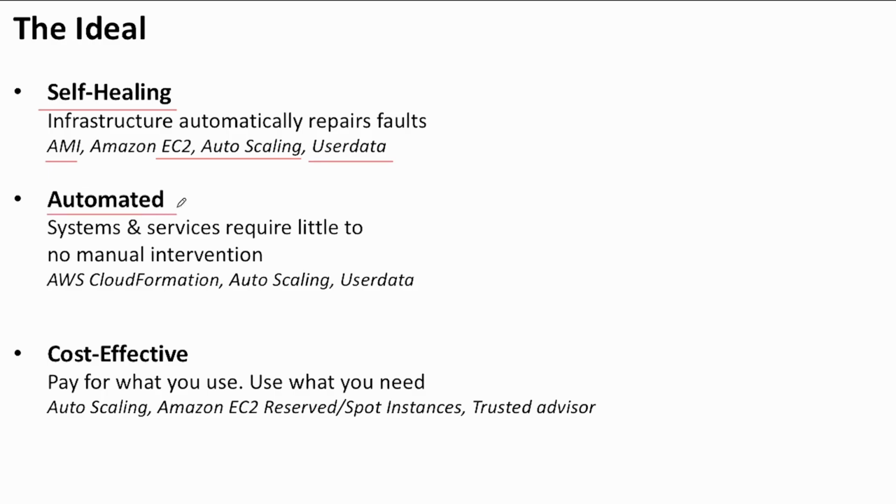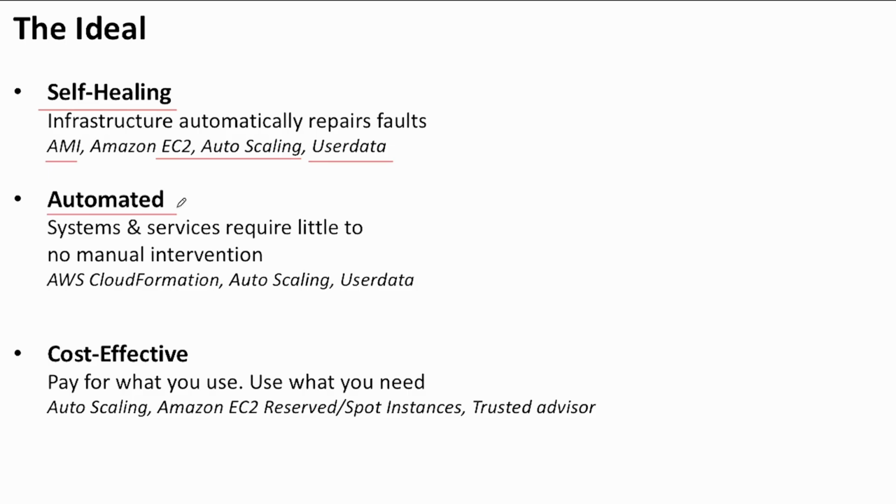An ideal system would also be automated. We want to remove manual intervention. We want to remove the human error factor as much as possible. Humans are fallible creatures, and we become tired, we become grumpy, whatever it is, we're going to make mistakes. And so in things that need to happen regularly and over again, we don't want humans to get bored, we don't want them to get tired, so we want to automate these things.